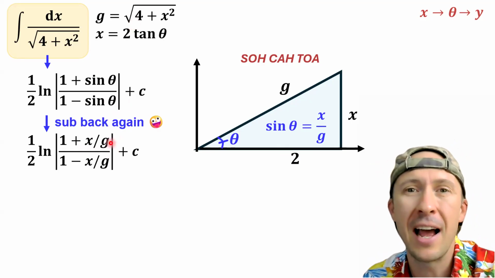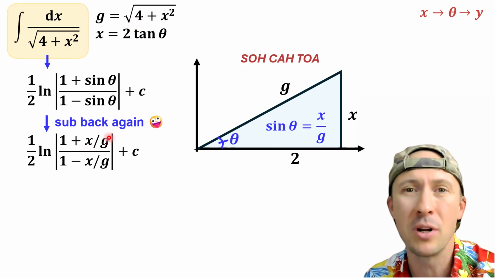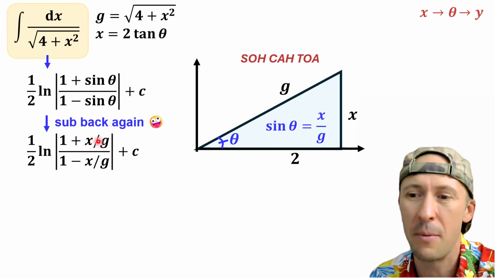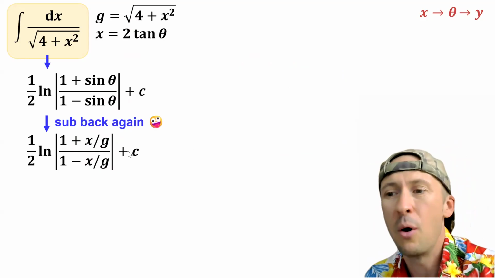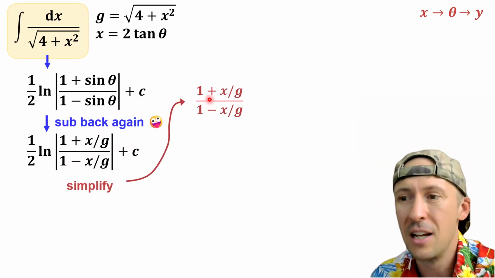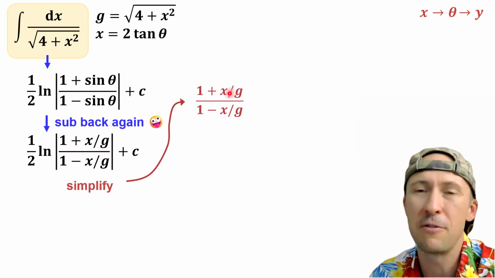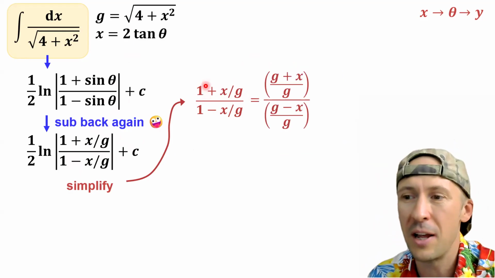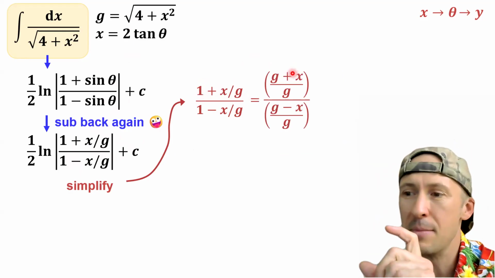But before you do that, for bonus marks, we're going to make this look a little bit prettier, because we have these compound fractions here. We have fractions inside of fractions. What we'll do is find a common denominator. So 1 is the same as g over g.